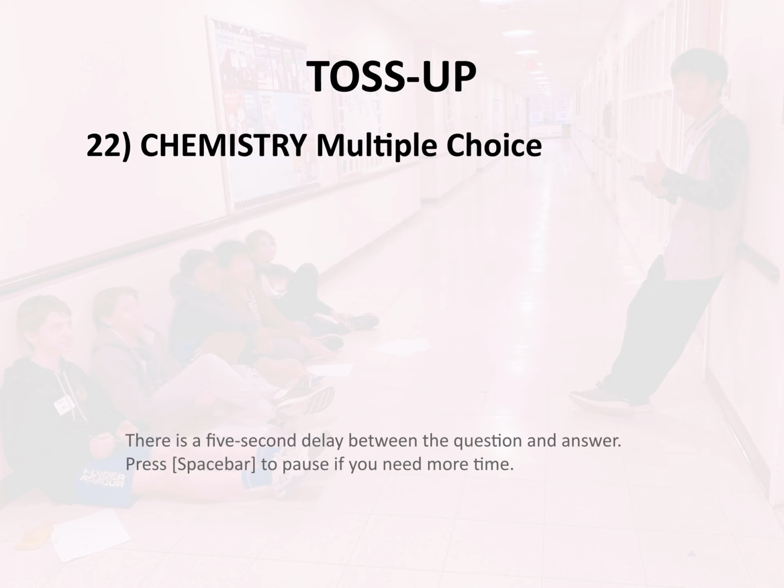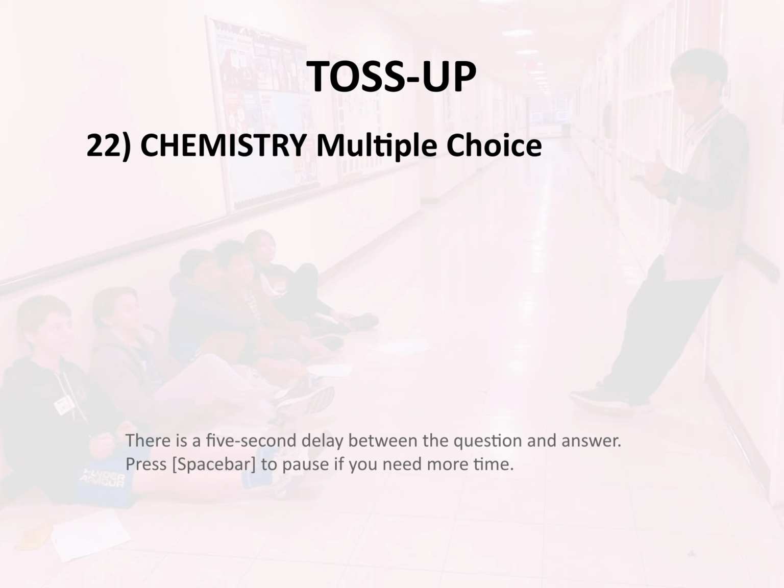Toss-up 22. Chemistry. Multiple choice. In the Haber process, 1 mole of nitrogen gas reacts with 3 moles of hydrogen gas to produce 2 moles of ammonia. The process is exothermic. If a particular Haber synthesis is at equilibrium, which of the following changes to the reaction's conditions are predicted by Le Chatelier's principle to increase the yield of ammonia?